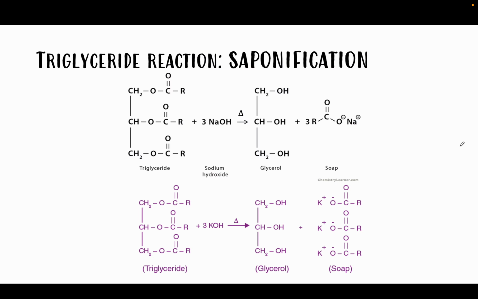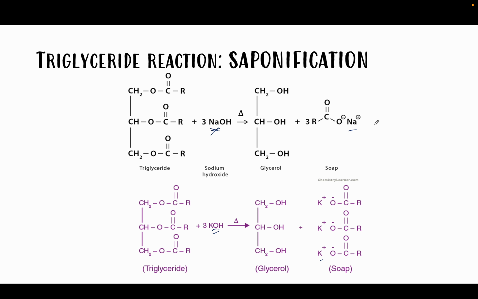Okay, so that's how we distinguish soap from detergent. Now, saponification. So there are two possibilities. If your base is sodium hydroxide, of course your soap is a sodium salt. But if you have potassium hydroxide, you also have a potassium salt.